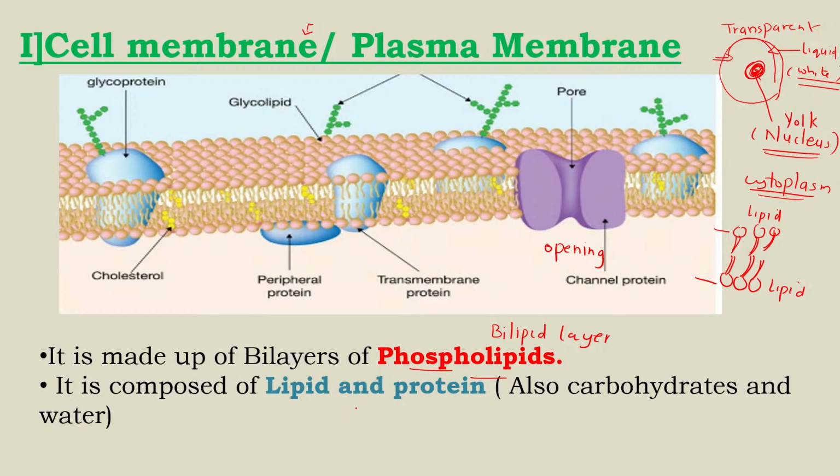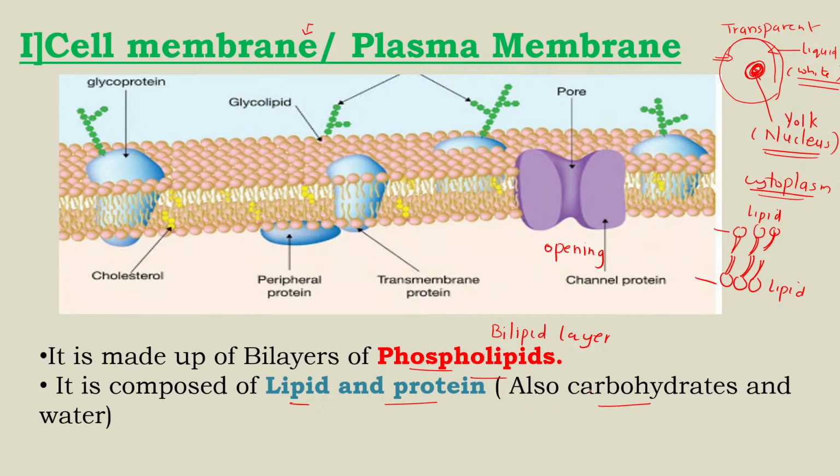What else does it contain? Along with lipids, it contains certain types of protein, certain types of carbohydrate, and some water as well. So this cell membrane is also made up of certain types of protein along with lipid, some carbohydrates, and some water.